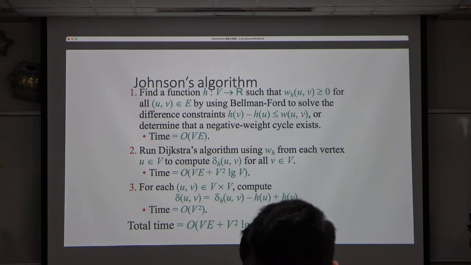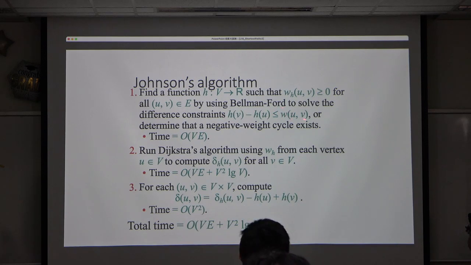We can use Bellman-Ford to solve the difference constraint HV minus HU smaller or equal to WUV. WUV is known. This HV and HU are xj and xi from here. So we have a bunch of these inequality constraints, and we use Bellman-Ford to solve it.